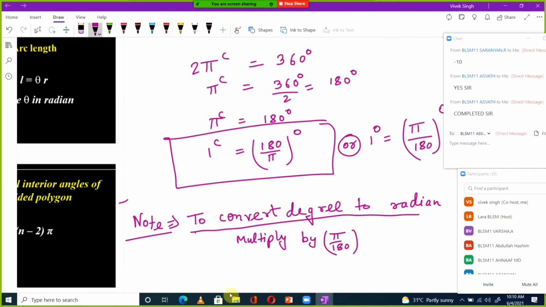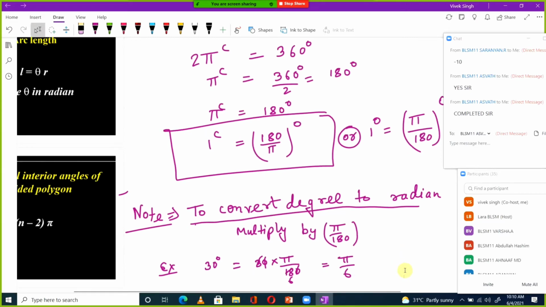Okay, for example, if you want to convert 30 degree to radian, you do 30 into pi by 180. Simplify this: 0 will cancel out, 3 sixes are 18. So this will be pi by 6. So 30 degree in radian we can say is pi by 6.